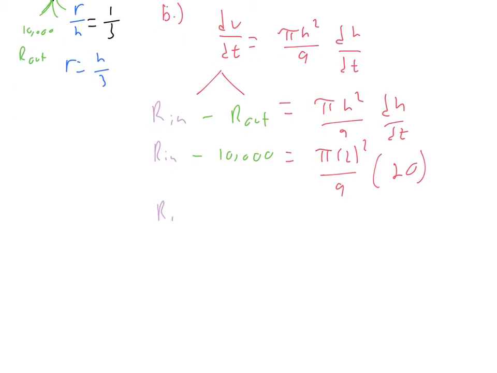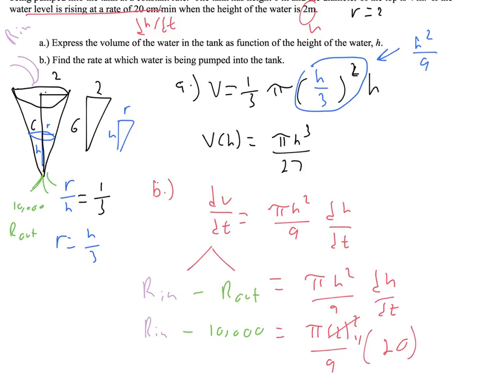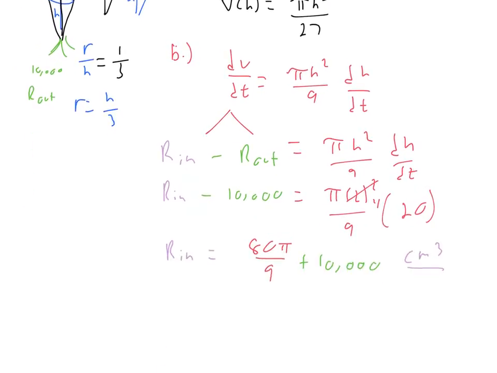The rate in is going to be equal to 4 times 20 is 80 pi over 9 plus 10,000. And then the units on this are going to be cubic centimeters per minute.